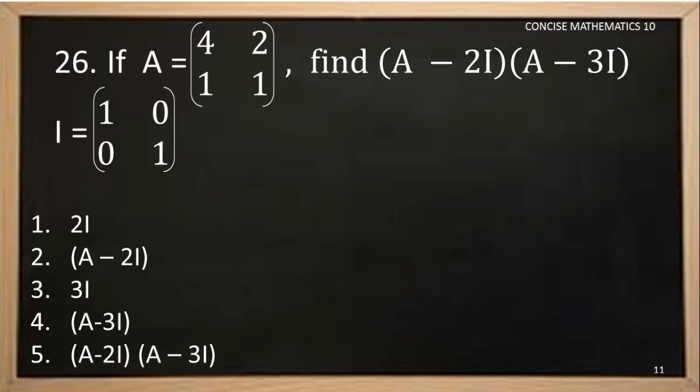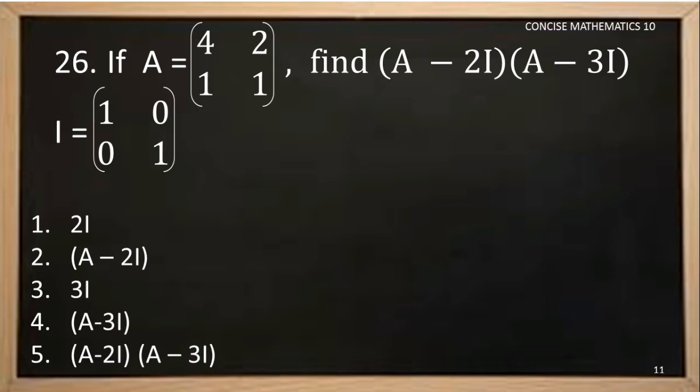Okay. It is said that I is a unit matrix. Let us define what is I. I is equal to 1, 0, 0, 1. Here you might get a question: what is the order of matrix I, as it is not given in the question?